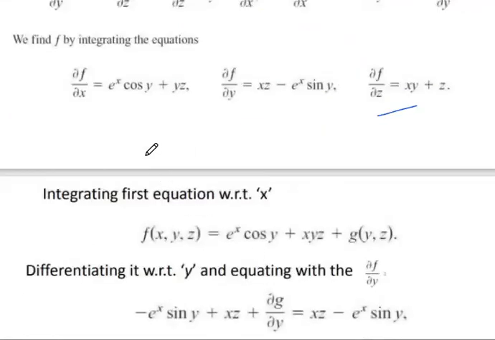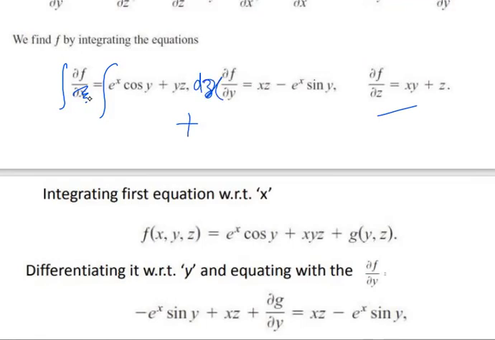Then consider this one first, and we can integrate this with respect to x, and you have to put an arbitrary constant.